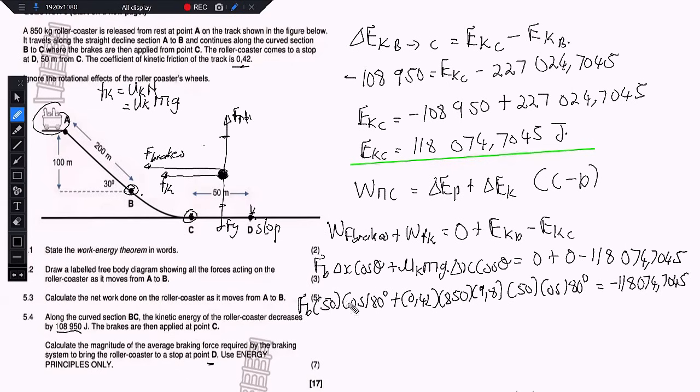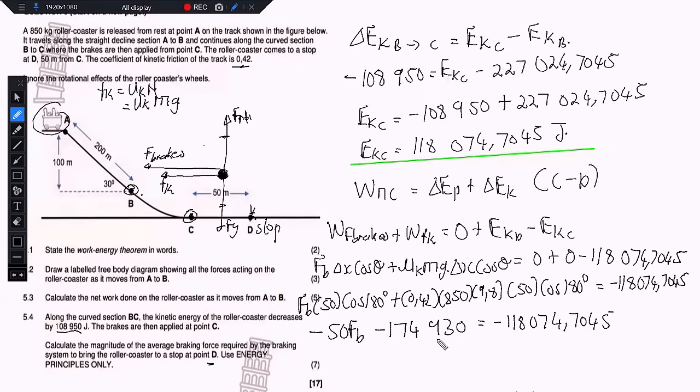Now, if you punch this into your calculator, here you get negative 50 Fb, and then this here will give you negative 4,930 is equal to negative 118,074.7045.